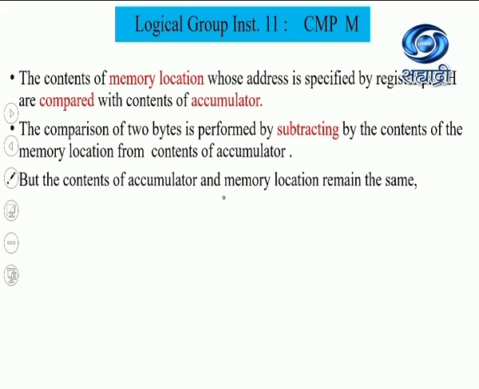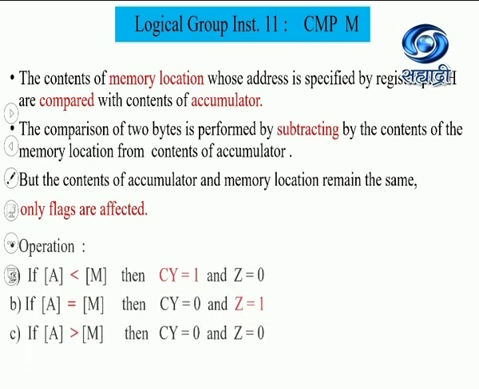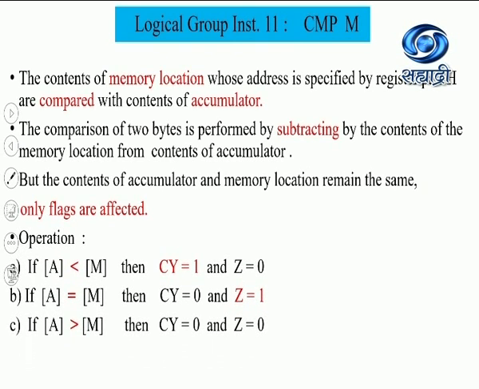Contents of accumulator and memory location remain the same. Only flags are affected. Here the operation performed is the same. The only change is instead of R, now the microprocessor will compare contents of accumulator with contents of memory location whose address is in HL pair.